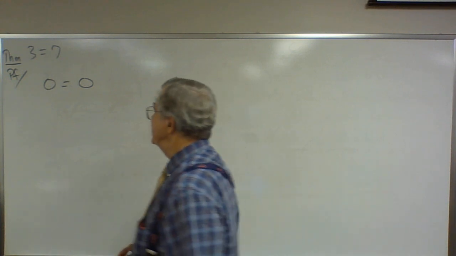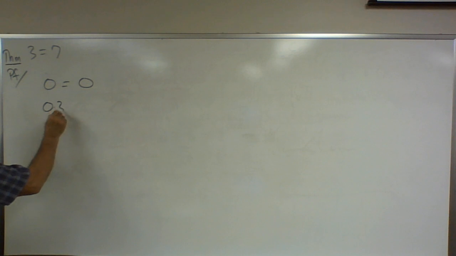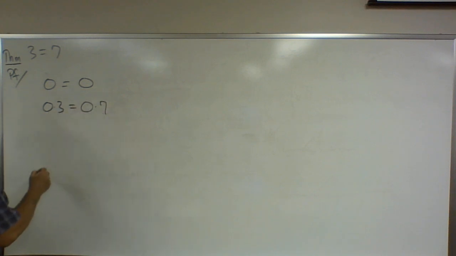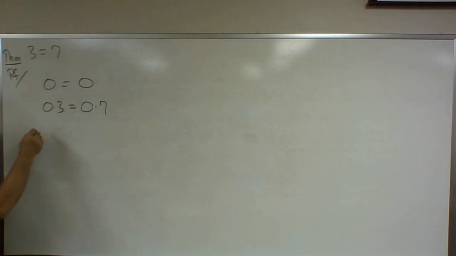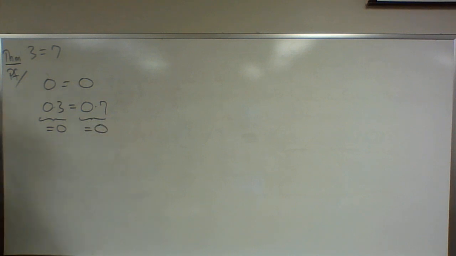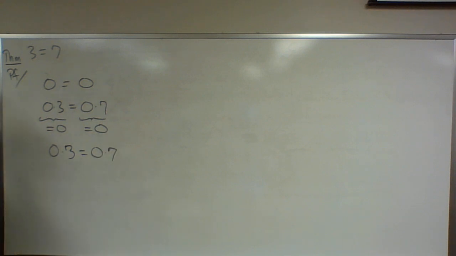Now I'm going to multiply one side by 3 and one side by 7. Well, I can do that because both sides are still equal to 0. So it is true that 0 times 3 is equal to 0 times 7.